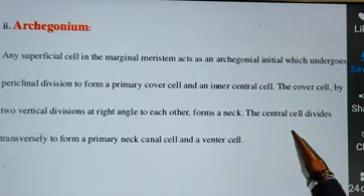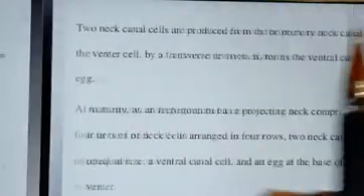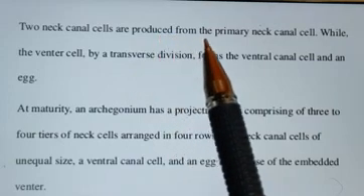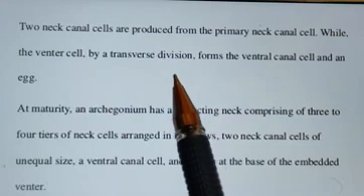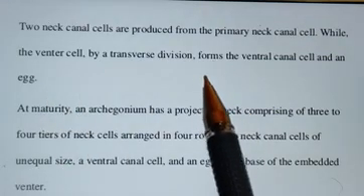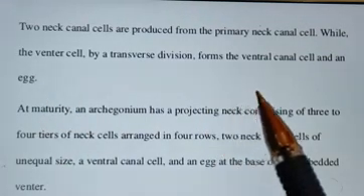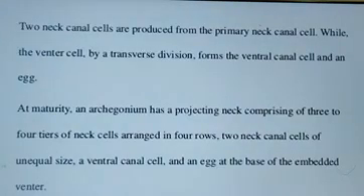So you can see here this is the venter, and the neck is the upper elongated portion. Two neck canal cells are produced from the primary neck canal cell, while the ventral cell by transverse division forms the ventral canal cell and an egg. The egg is in the center, as you can see. So this is the venter, neck canal cell, and here the egg cell.